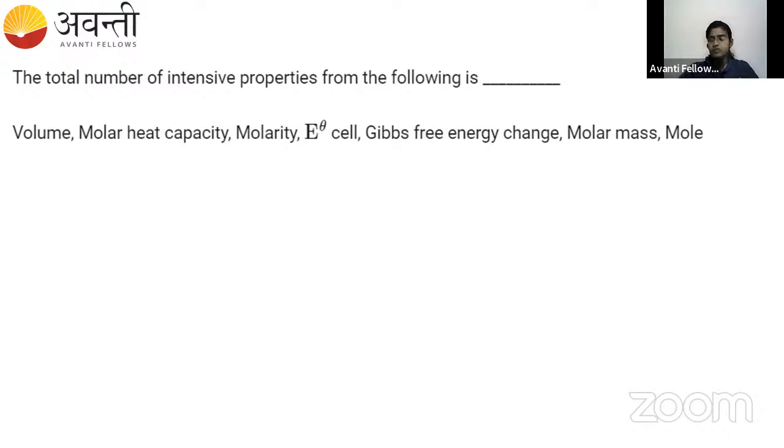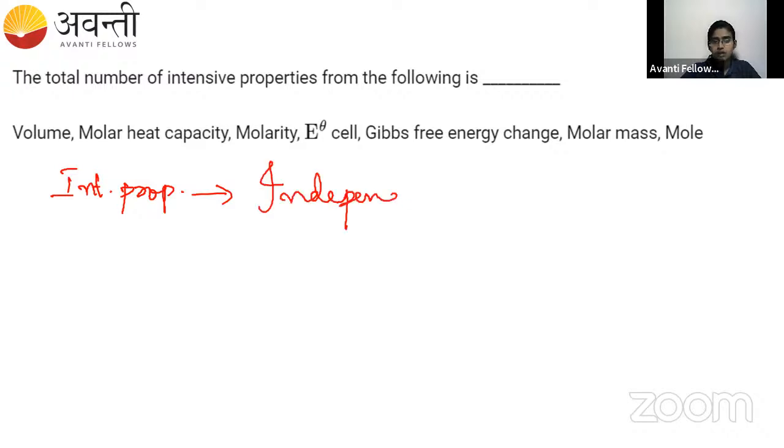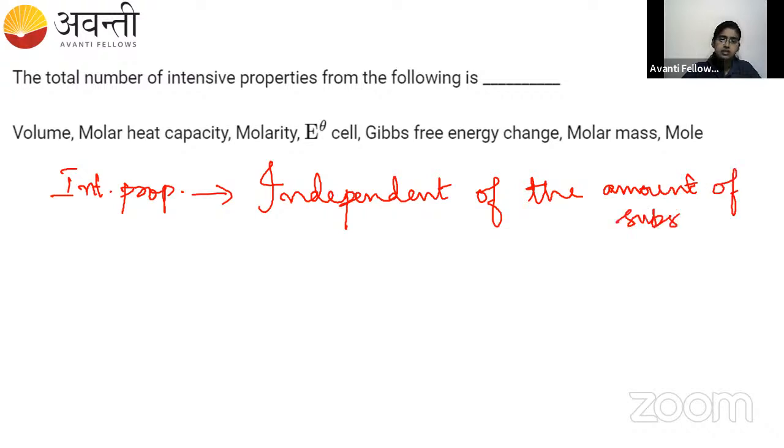So here, intensive properties are the properties which are independent of the amount of the substance. Those properties are called intensive properties.